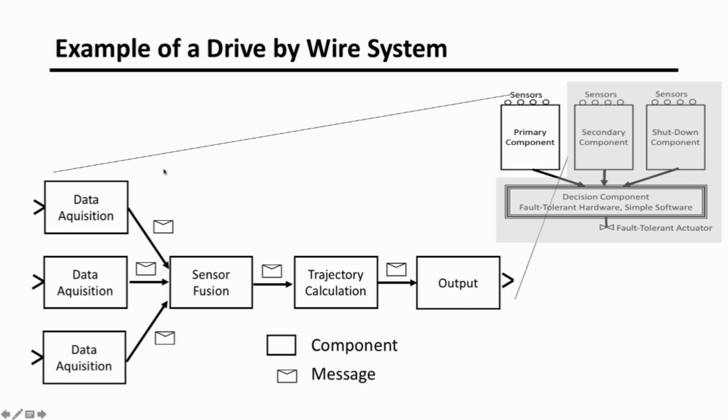Now, if we partition the time and say this part is taking place in one step, then we have communication. Then the second part is taking place. Then again communication.